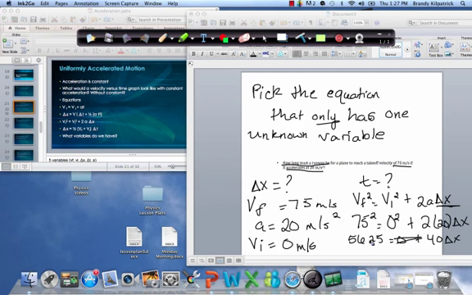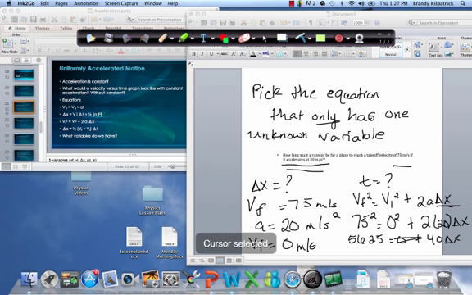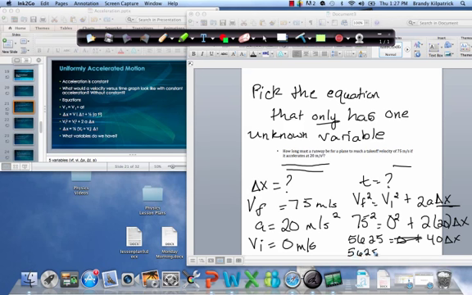So really what I do have is 5,625 is equal to 40 times delta x. So now in order to solve for delta x, remember you're going to do the opposite of whatever's being done.